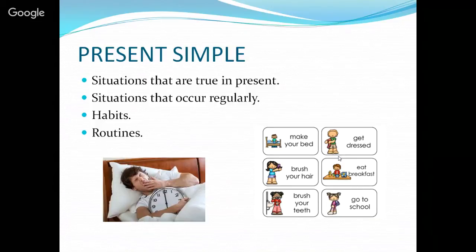For example, when we're talking about a routine, when I say I wake up, that means that this action happens really frequently, and it becomes a daily routine. And I also have different verbs like make, I make my bed, get dressed, brush your hair, eat breakfast, brush your teeth, go to school, etc.